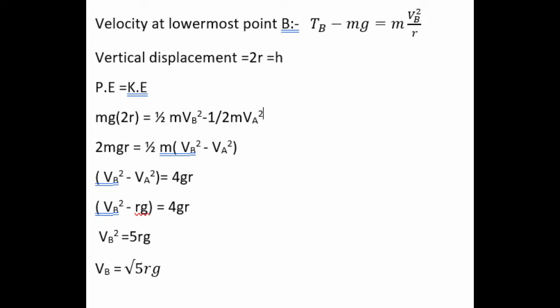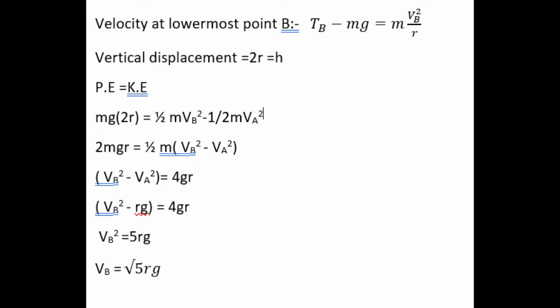By using the conservation of energy, we can say that potential energy at point B must be equal to the change in kinetic energy at point B. Therefore, 2r into mg must be equal to 1/2 mvb square minus 1/2 mva square, or 2mgr is equal to 1/2 m into bracket vb square minus va square.